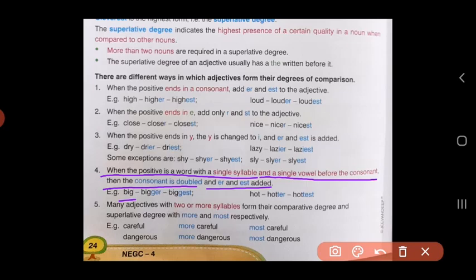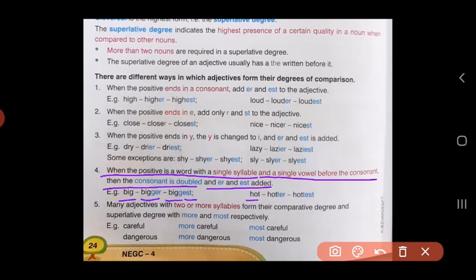The last letter consonant has to be doubled. That means BIG will become BIGG. And for comparative, add ER. So, bigger. In the same way, superlative will be BIGG, but here add EST, biggest.